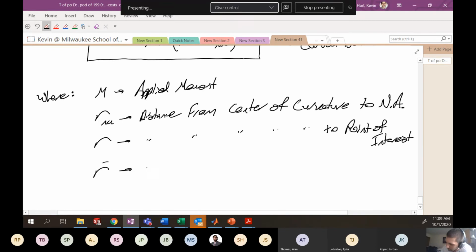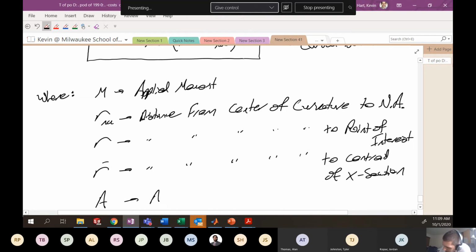R bar is the distance from the center of curvature to the centroid of the cross section. A is the cross-sectional area. And I think that just about does it. Complicated, man.